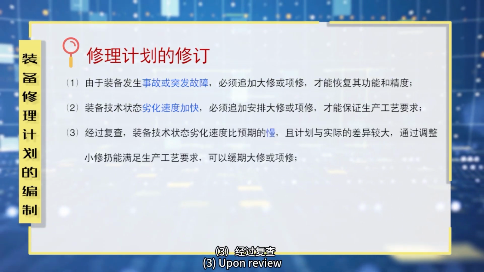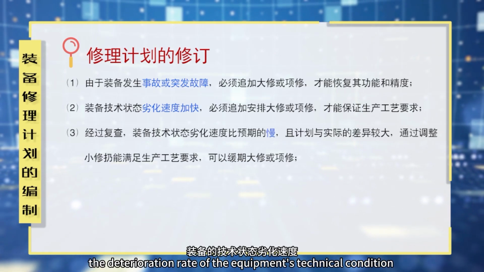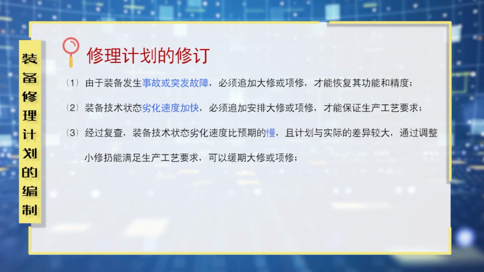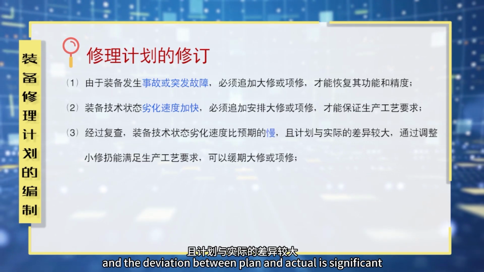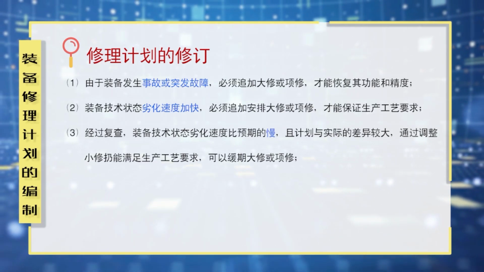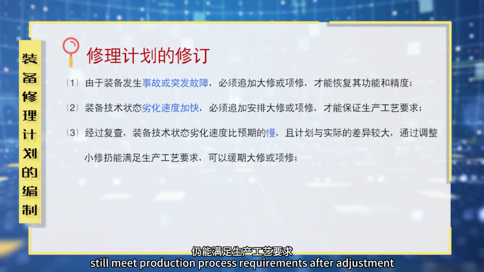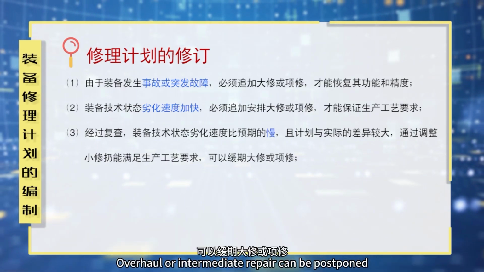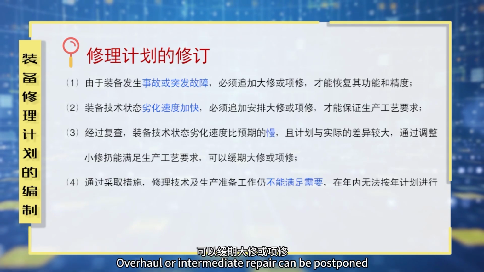Third, upon review, the deterioration rate of the equipment's technical condition is slower than expected, and the deviation between plan and actual is significant. If minor repair can still meet production process requirements after adjustment, overhaul or intermediate repair can be postponed.